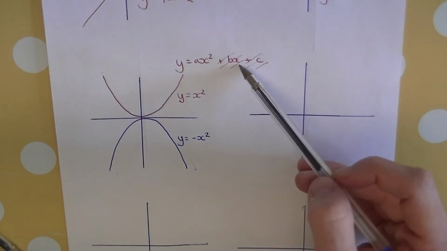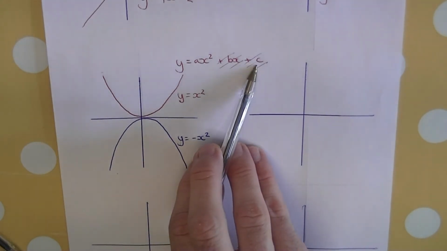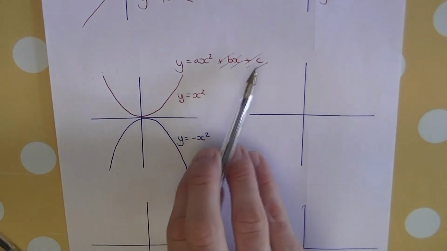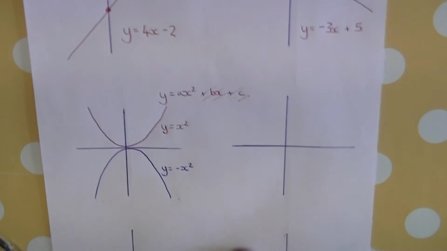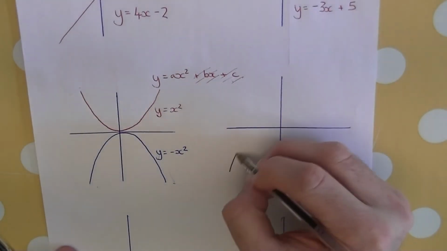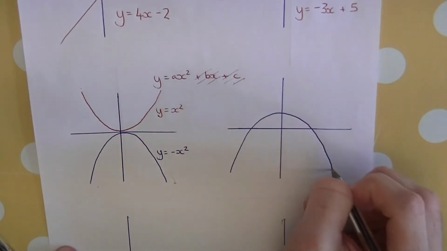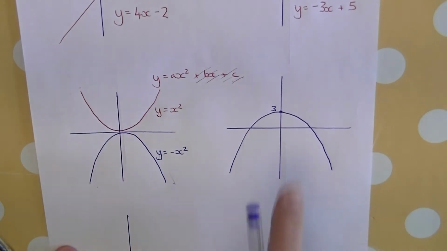Don't worry about the number of x's, all that does is shift it about a bit. But the other important number, if there is a plus c at the end, that loose number is the y-intercept. So if I had something like this drawn, and say that there is 3.